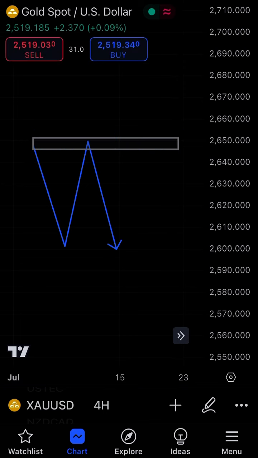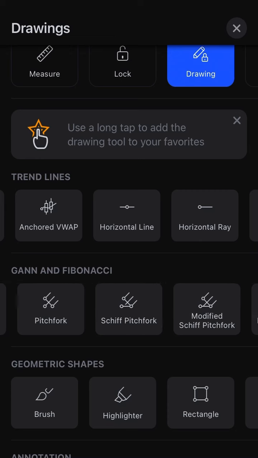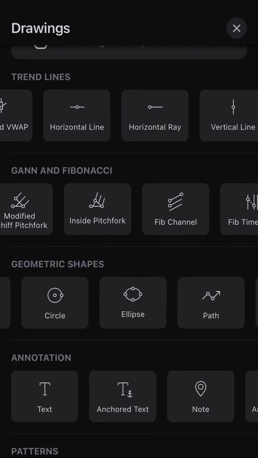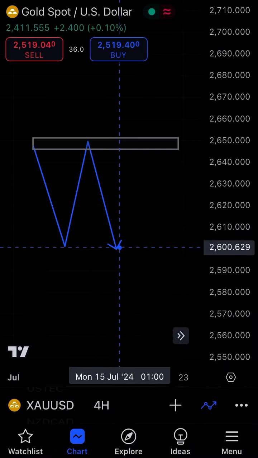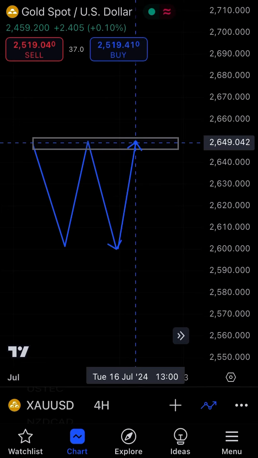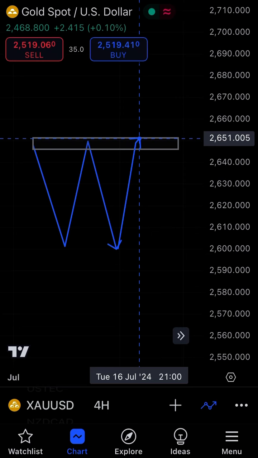Okay, so what we will do is, after the market has reacted once, we will mark out the zone. Okay, so we'll mark out the zone, then we'll wait for price to come back to that same level. After price comes back to that same level, what we'll do, we'll check for reactions.